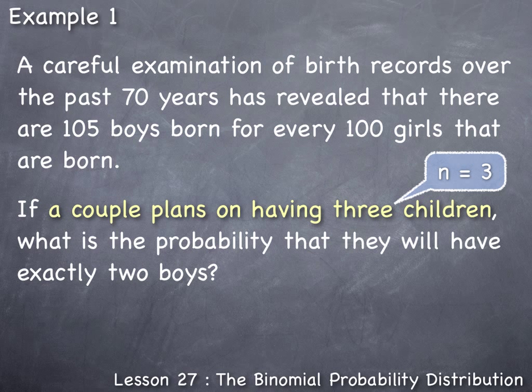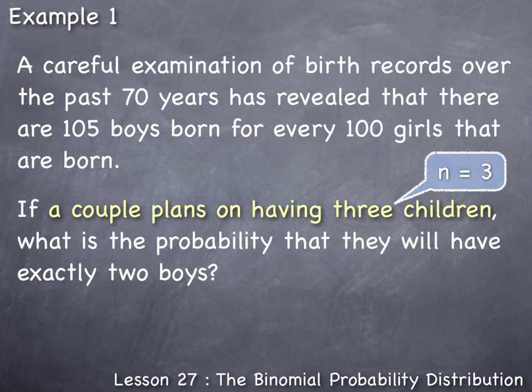But here, a careful examination of birth records over the past 70 years has revealed that that is not the case. That is, there are slightly more boys born than girls. Here we find that there are 105 boys born for every 100 girls that are born. So these are not equally likely outcomes.